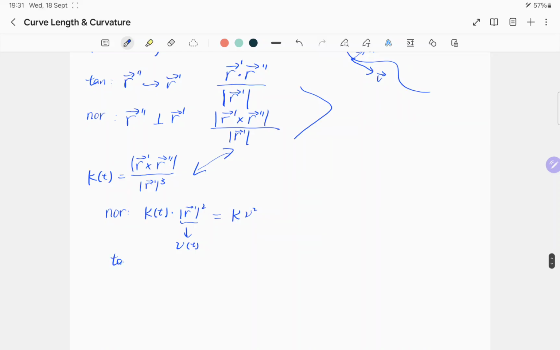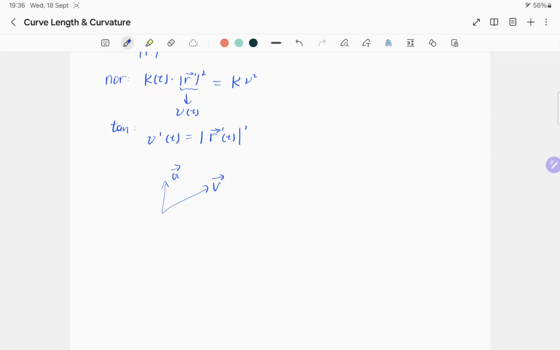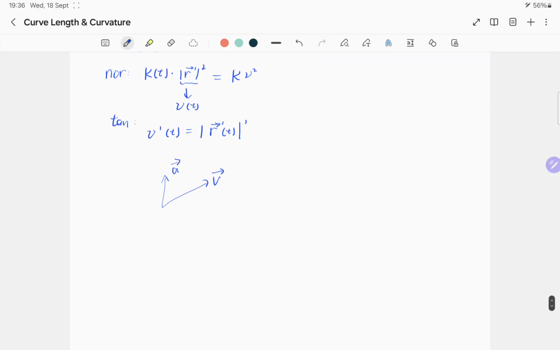Then what is the tangential component? Well, we might cheat a little bit here. Let's look at its geometric meaning. At one point, this is its velocity vector, and this is its acceleration vector. This is the tangential direction, and we want to know the tangential component of the acceleration.